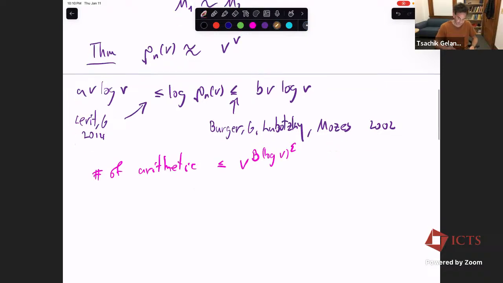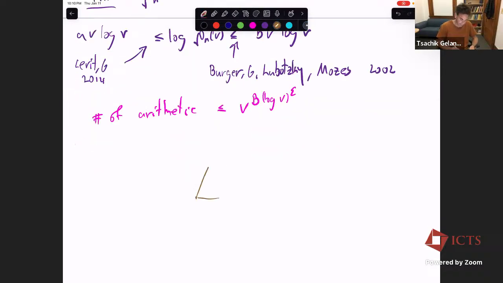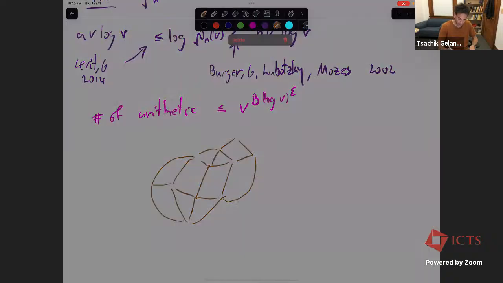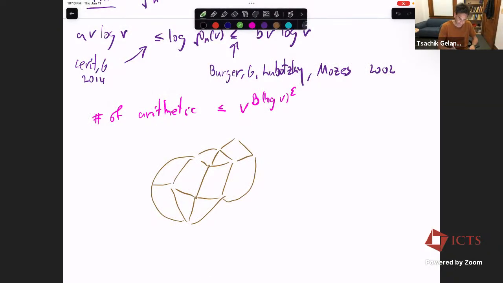And the idea was to consider a random graph. You consider a 4-regular graph, a finite 4-regular graph, and then you take a random coloring of it, or you choose a random subset of the vertices, and then you have two pieces, two building blocks, like two manifolds.